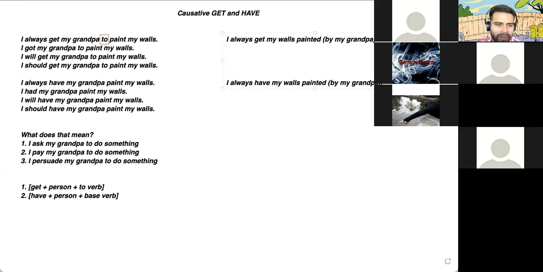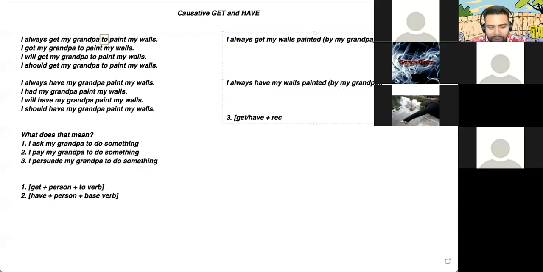I want to see if you can tell me the formula for this one. This is the third formula. The third formula, you can use get or have. And what goes after get or have? It's not a person. The receiver. Oh, very good.